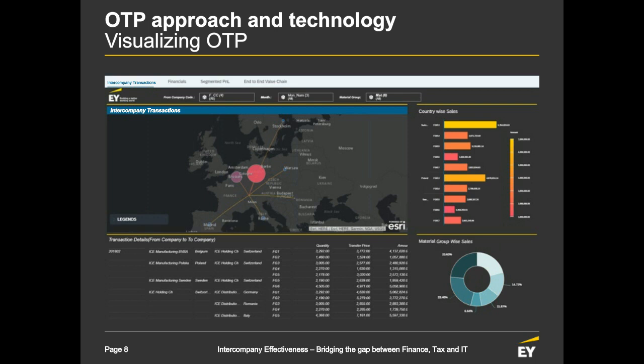What that does is it allows you as a transfer pricing manager to have your attention drawn to any operating location within the geographical map that may have a deviation to your policy, or that may be in breach or violation of your transfer pricing policy.